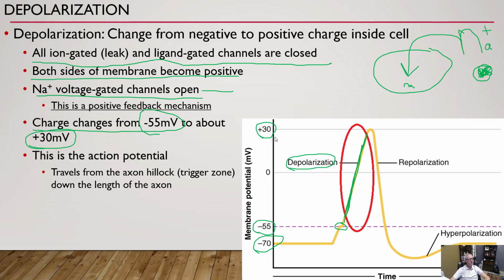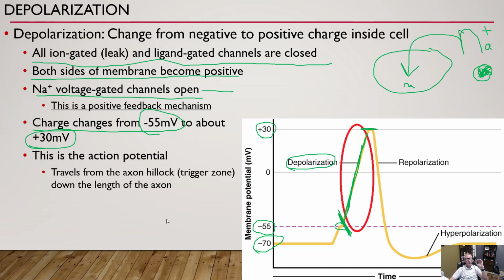And about positive 30 is going to be our peak. So here we've opened up our voltage-gated sodium channels, because we've closed off all of our leak channels and all of our ligand-gated channels. And we've opened up our voltage-gated sodium channels because now we are dealing with the electrical side of things. And voltage deals with electricity.